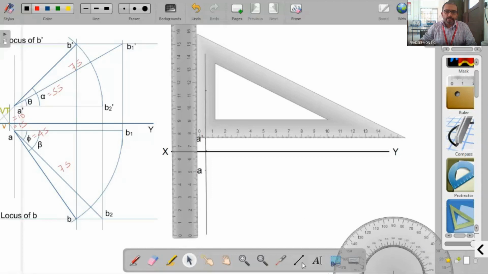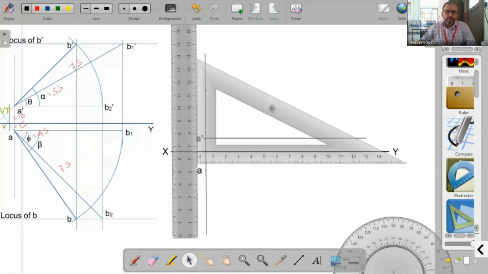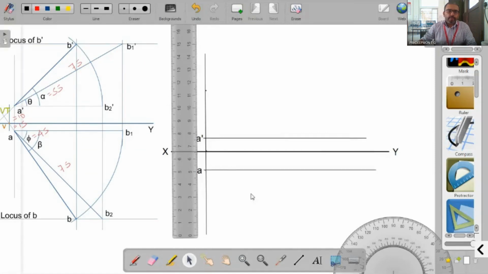You have to follow this procedure in order to draw the parallel line. So this is the locus of A dash, and now the locus of A. We can remove this one, it is not necessary. Now A is there, A dash is there.